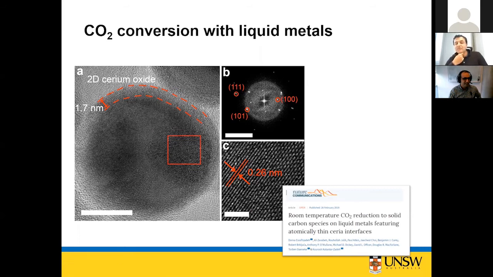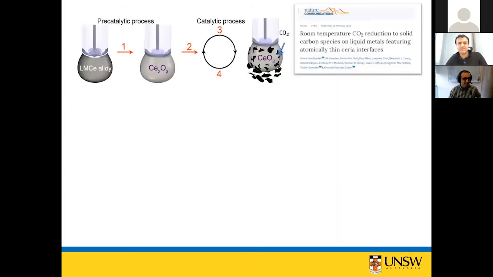Another information from the past that we had is that cerium and cerium oxide are known catalyst materials for breaking down CO2. Can we use it for effective reduction of CO2, this greenhouse gas?